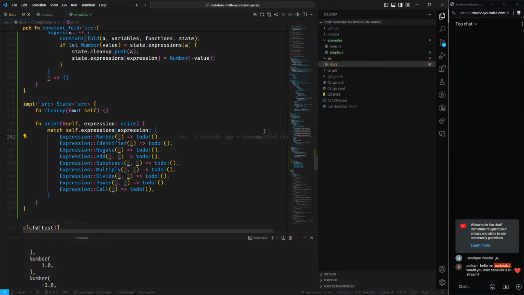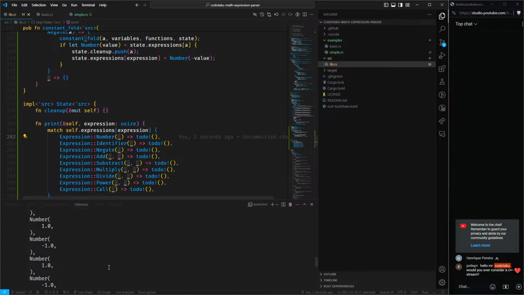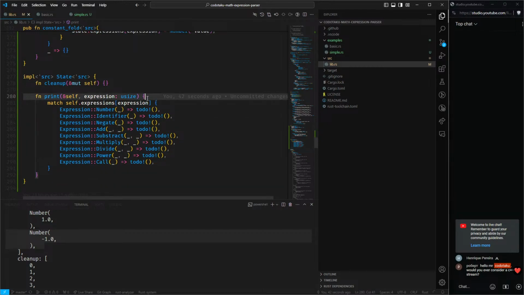Do we want to print it or make it into a string? I think printing it maybe would be simpler. I just realized that we're gonna need to print a tree. Interestingly. Okay. So let's do that anyways.